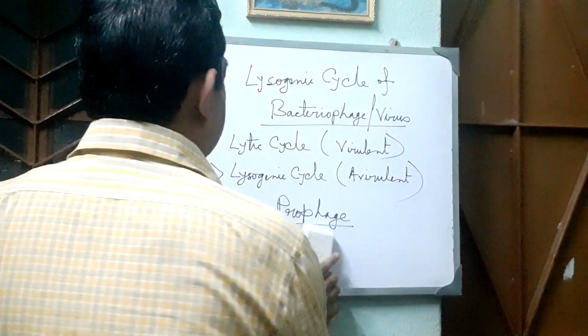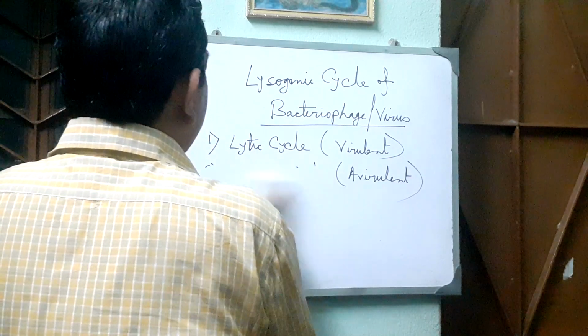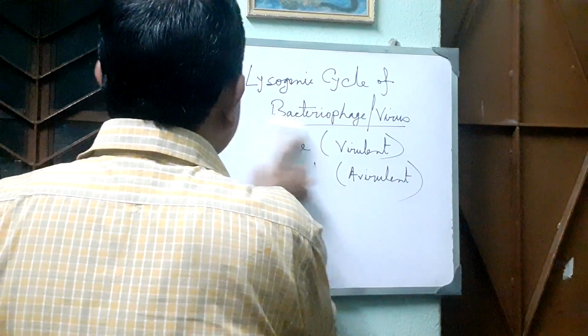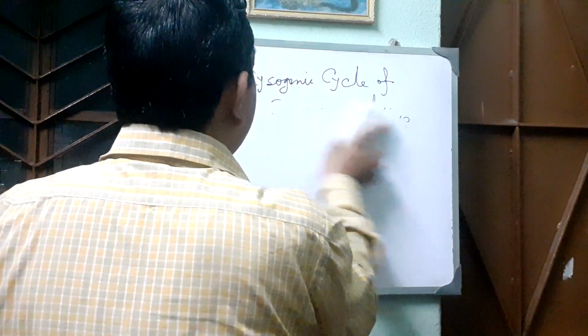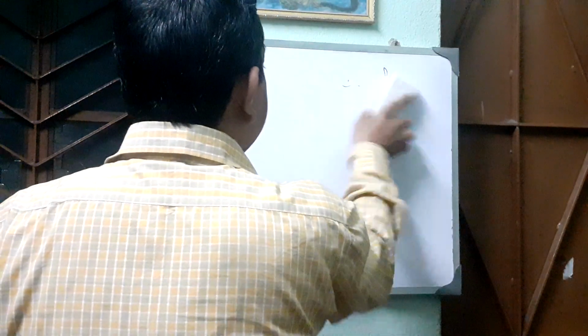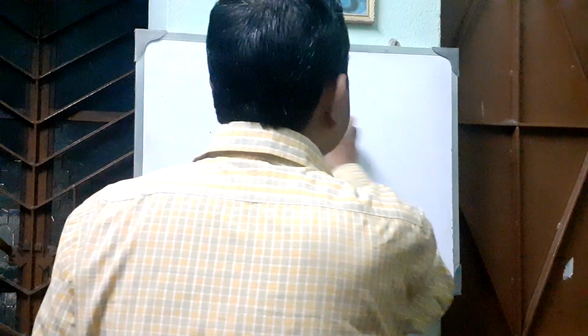Now the main thing is that in the lysogenic cycle, when the bacteriophage DNA is inserted in the bacterial genome, the bacteria will become resistant to lysis, meaning it will not be lysed by the phage DNA as happens in the lytic cycle.